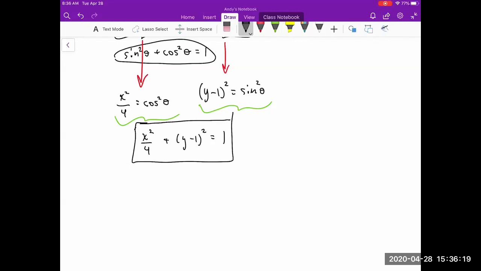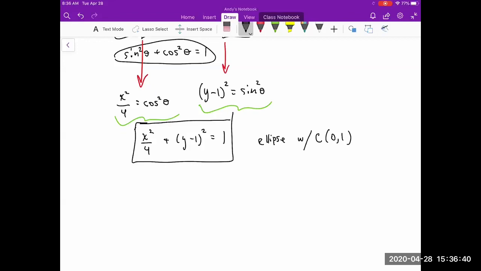And if you have seen 10.5, or if you just remember conic section curves, this is an ellipse with a center, I guess it'd be 0, 1.